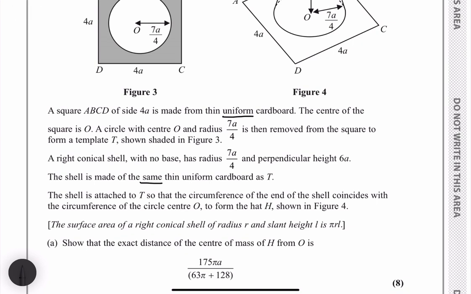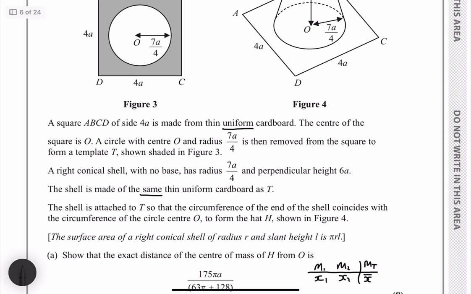So we're doing the mass of part 1 times the center of mass from O plus mass of part 2 times its center of mass is going to have to equal the total mass times the total center of mass of the shape H. So it's not dissimilar to question 1, but we're not integrating, we're just going to add the two pieces together.